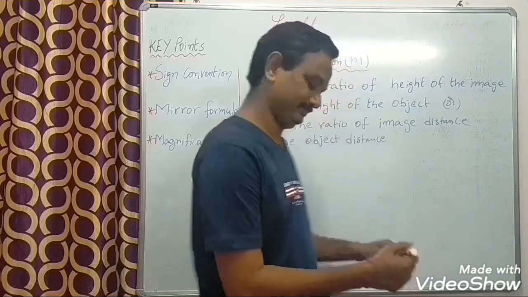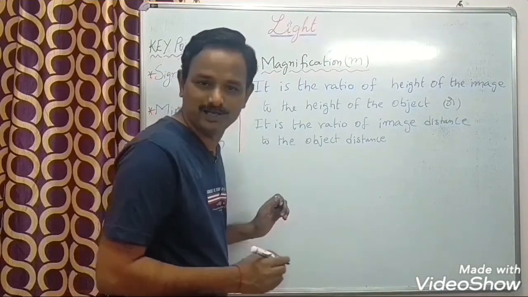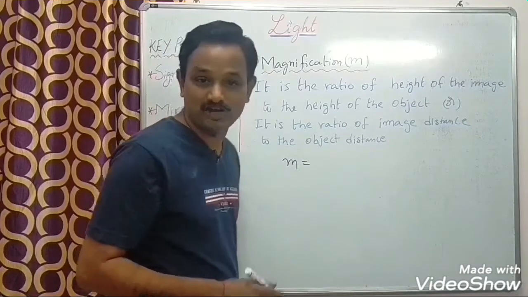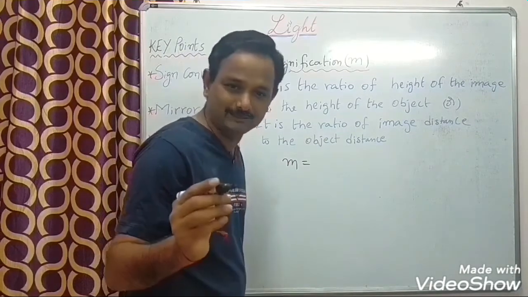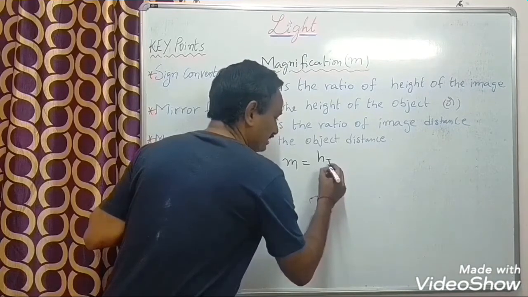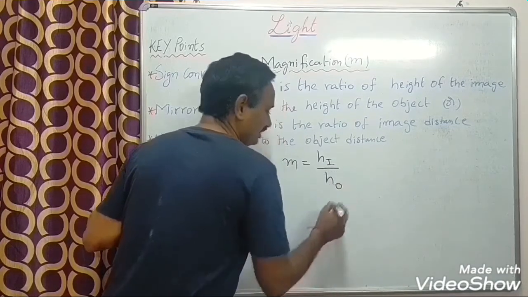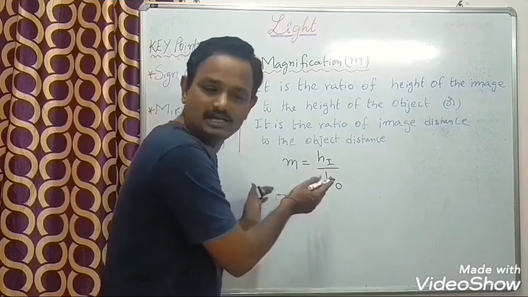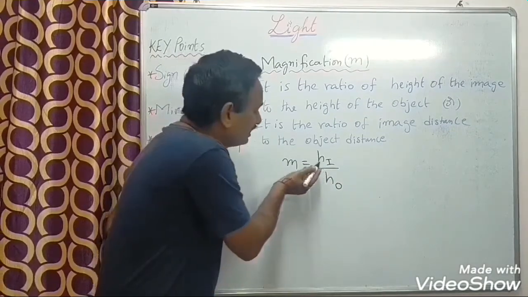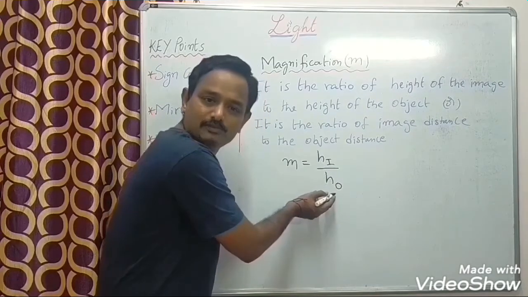Magnification is denoted by small m. m equals the ratio of the height of the image to the height of the object, that is, hi by ho, where hi means height of the image and ho means height of the object.